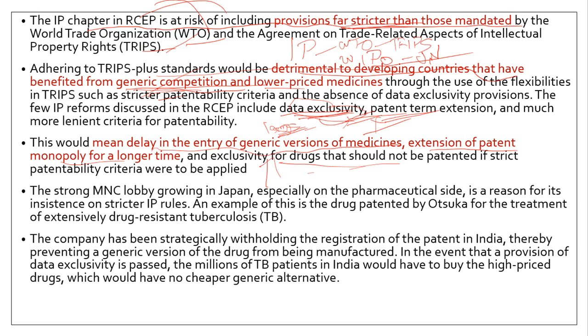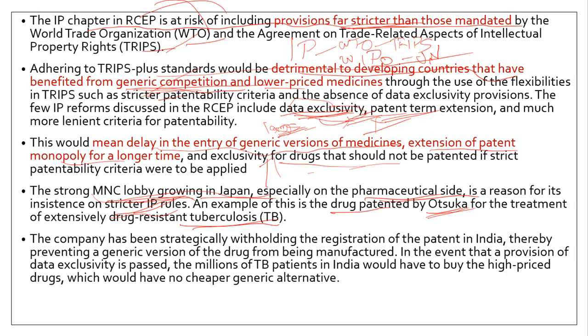And it tries to say that the scenario for this is because of the pharmaceutical companies blooming in Japan. It says that many MNCs are growing in Japan or lobbying in Japan, especially on the pharmaceutical side, and they are pressing hard to bring in strict IP rules so that it could benefit them. And it tries to bring in an example of a drug manufacturer, Otsuka. See guys, I have given you the spelling here. So it brings in the example of this drug maker who makes drugs for tuberculosis.